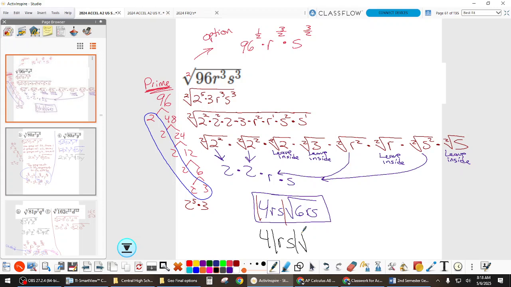It was good to think through yesterday, but now we're going to refine and leave the number out of our absolute value. Why do we have to put it around the r and the s? They're to an odd exponent, which means they could be negative, right? So we force the positive.